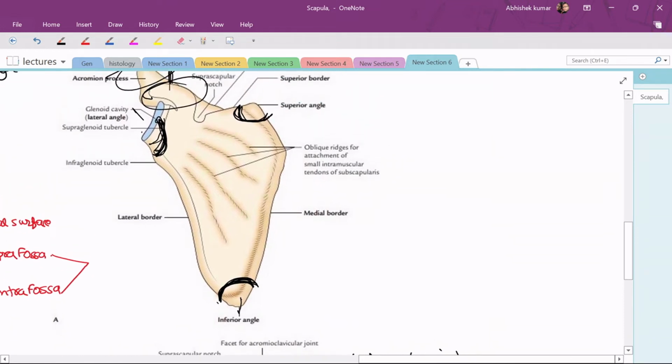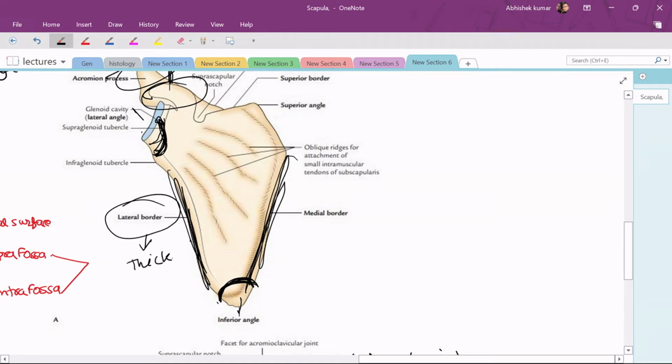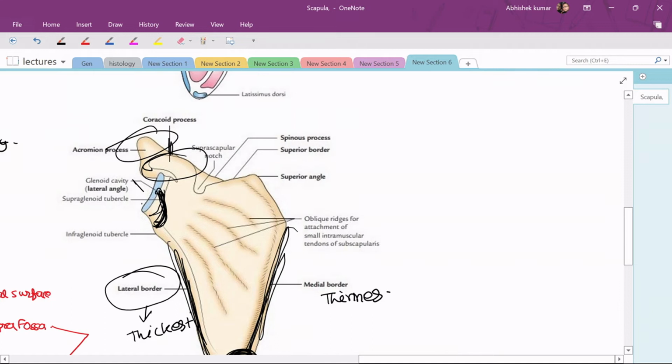You can see that this is the superior border here, this is your medial border, and this is your lateral border, the thickest border of the scapula. The medial is the thinnest border, and the superior border is the shortest border. You can see that it is just this much.